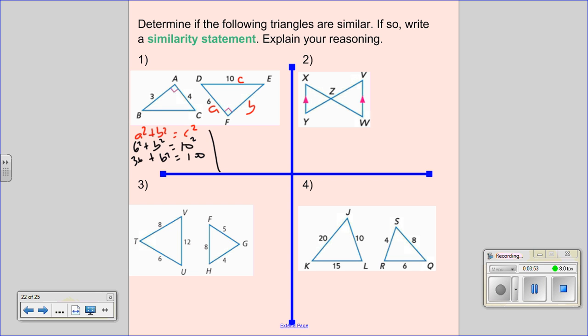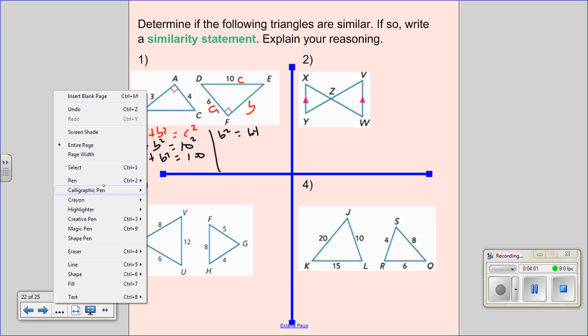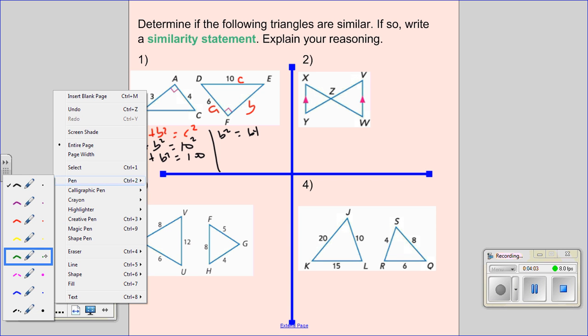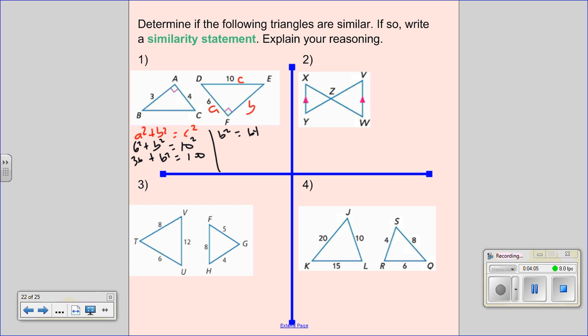To get b squared by itself, I would subtract 36. So I would have b squared is equal to 64. And then if I want b, not b squared, the next step is to square root both sides. So b is equal to 8. So now I have 6 and 8 with an included right angle.